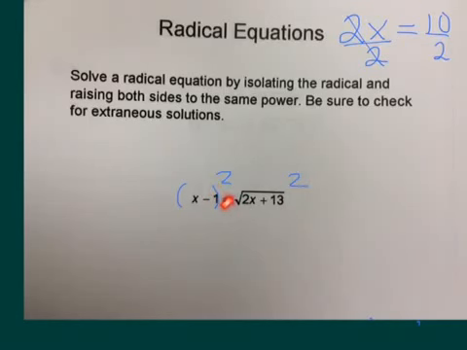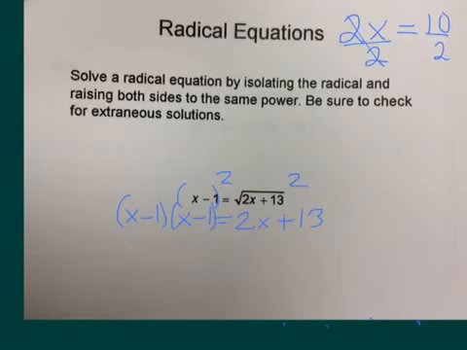So what happens is when you take the square root and you square it, they cancel each other out. So what I'm going to be left with on the right-hand side is 2x plus 13. On the left-hand side, please write it out so you have a better idea of what's going on. What we really have is x minus 1 times x minus 1.